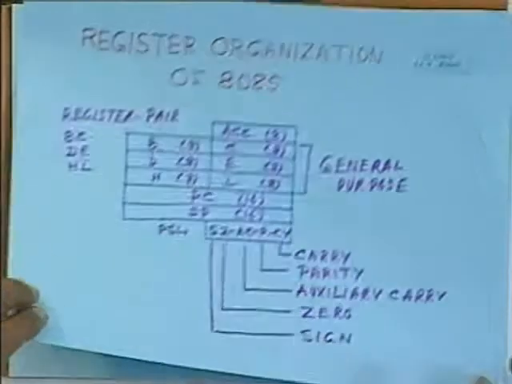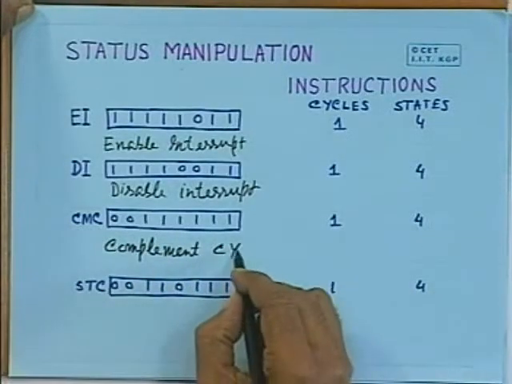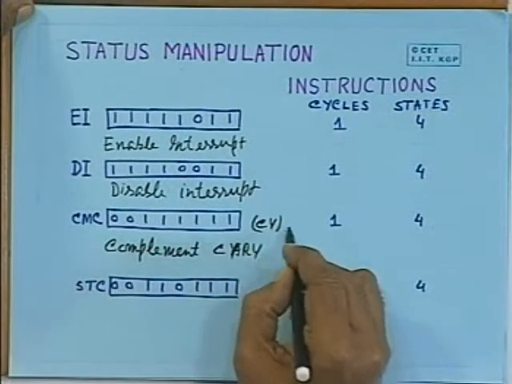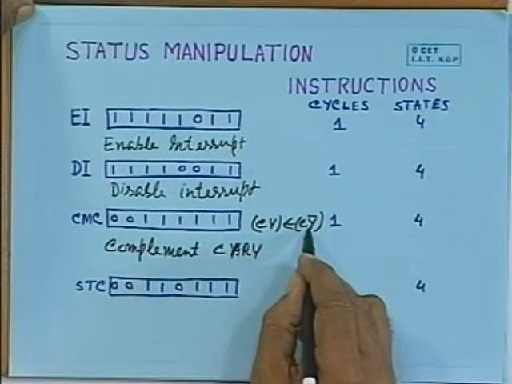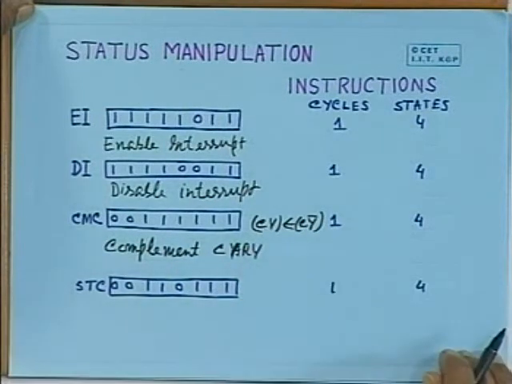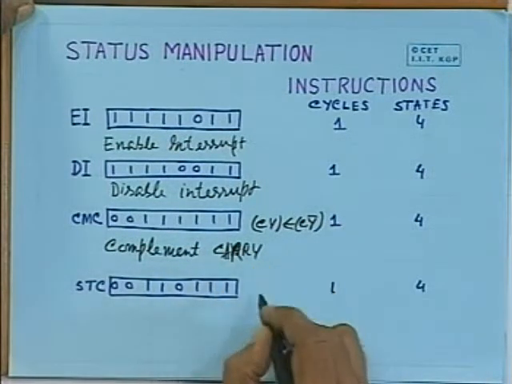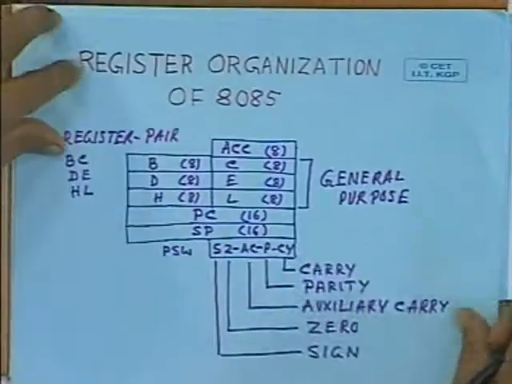However, by executing the instruction CMC, complement carry, the carry flag bit is modified in this way: the complement of that bit is loaded into the carry flag bit. As a result, the carry flag bit gets modified, and subsequently some decision making can be done based on this flag bit.